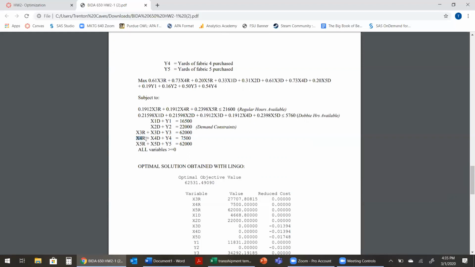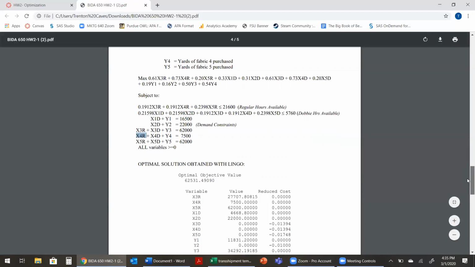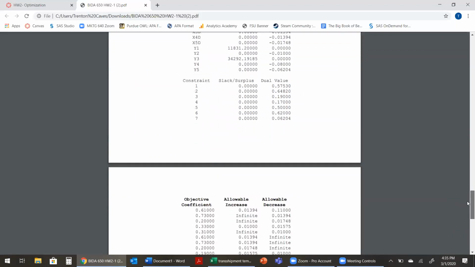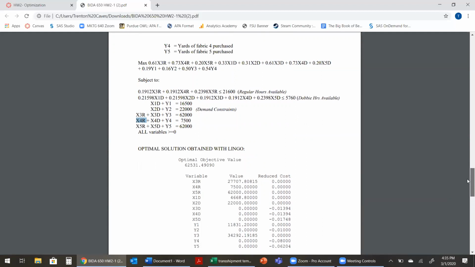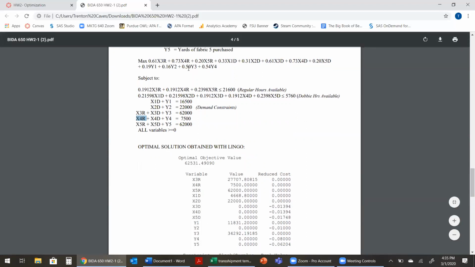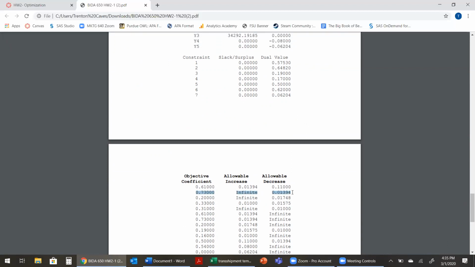So let's look at X4R. X4R corresponds to the 0.73 objective coefficient. So we're looking at this one here. And the allowable increase for X4R is infinite.